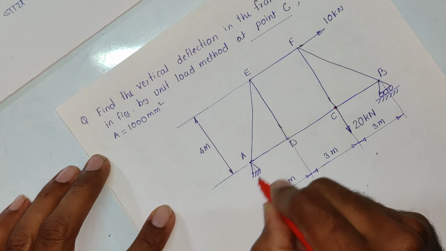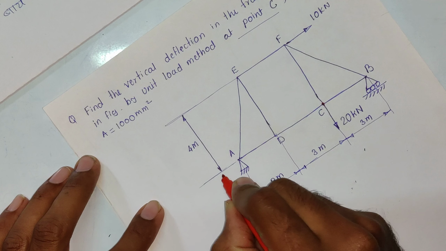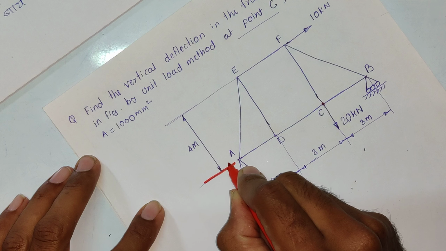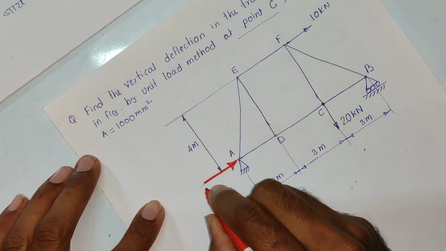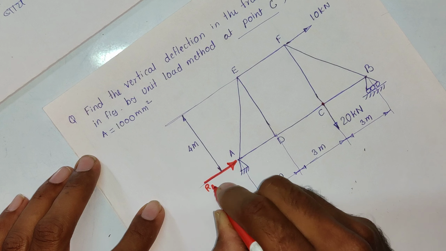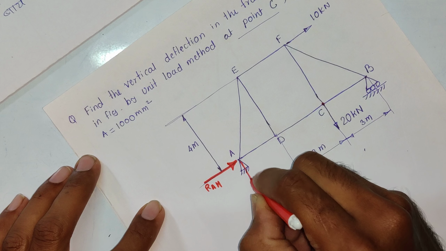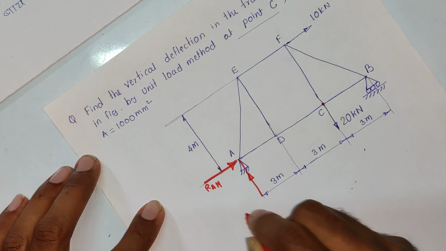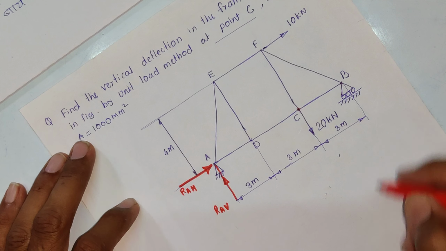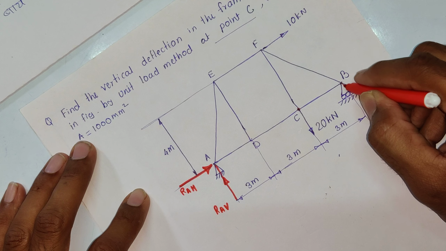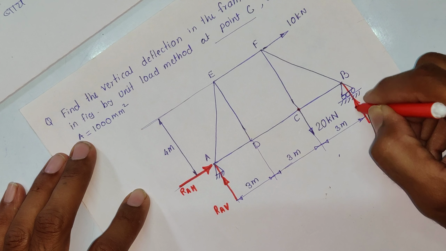As you can see, this end is hinge, so the reaction at point A is RAH, and here the reaction is RAV. As this is roller support, so reaction at point B is RB.